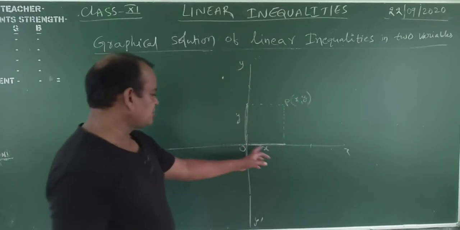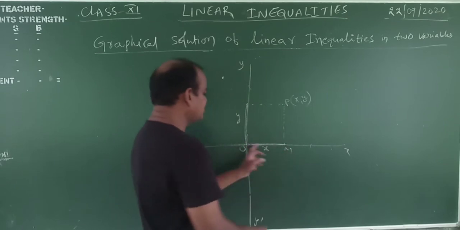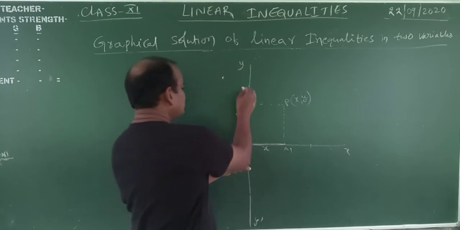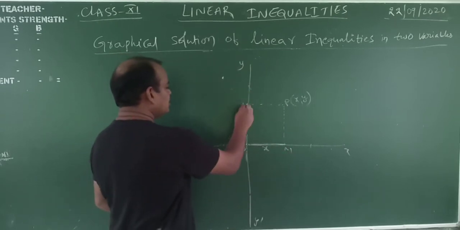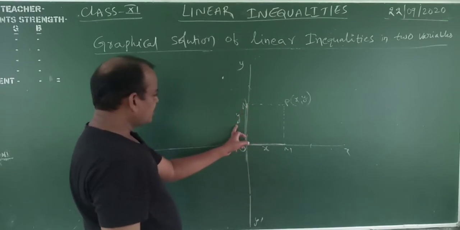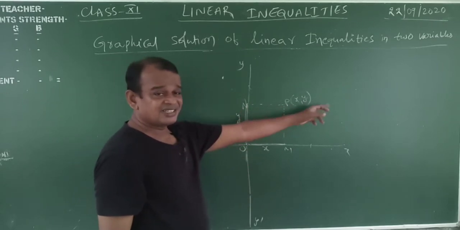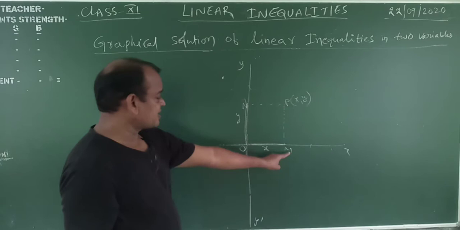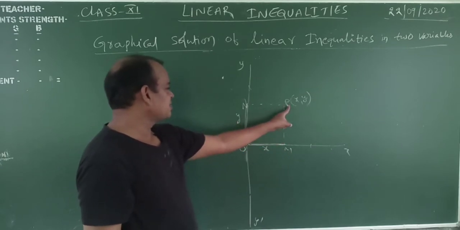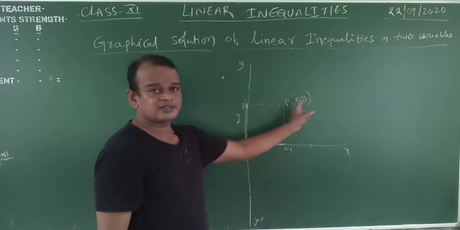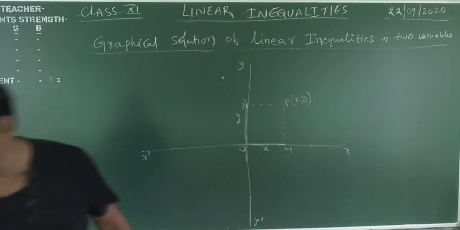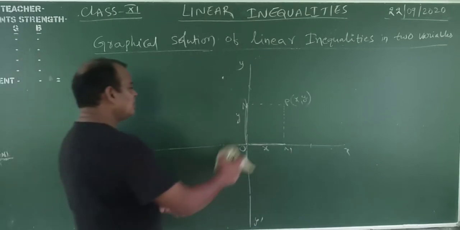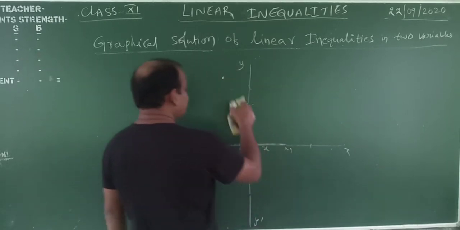The distance from the origin to this point along one axis is x, and along the other is y. Now the point is P(x, y). The distance from P to the x axis is equal to y, and the distance from P to the y axis is equal to x. You know very well, I think. Yes, my dear friends. Now, what I am discussing now.